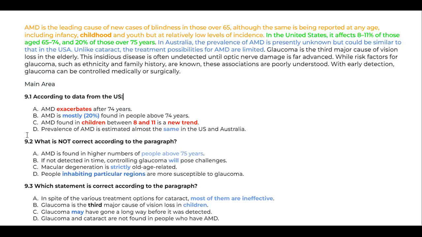All right. So prevalence of AMD is estimated almost the same in the US and Australia. Report from Australia. Prevalence of AMD is estimated almost the same in US and Australia. Okay, fine, no problem. US is there, but why Australia is there? This is not based on the US report. See, look at that one, the D. I think many of you, more than 10 of you wrote D is the correct answer.